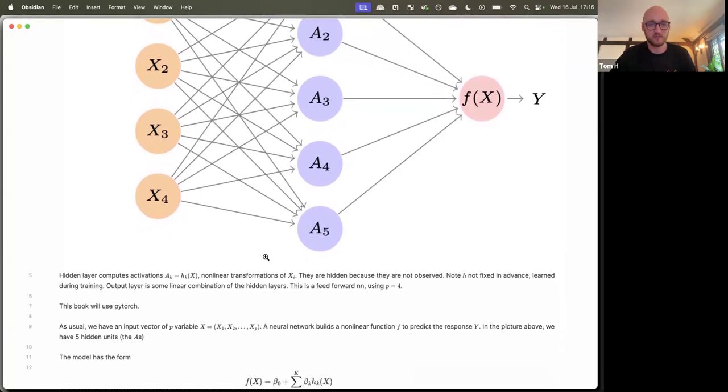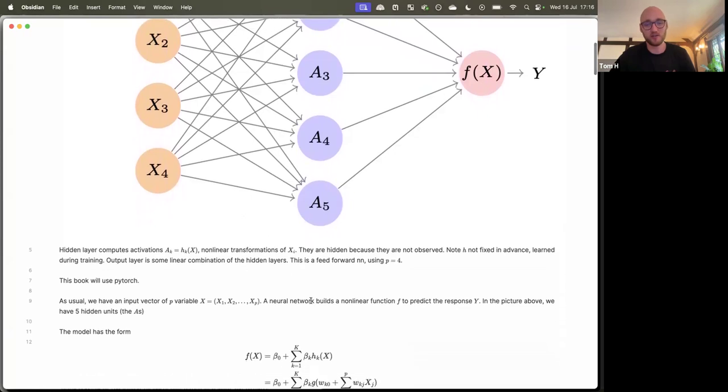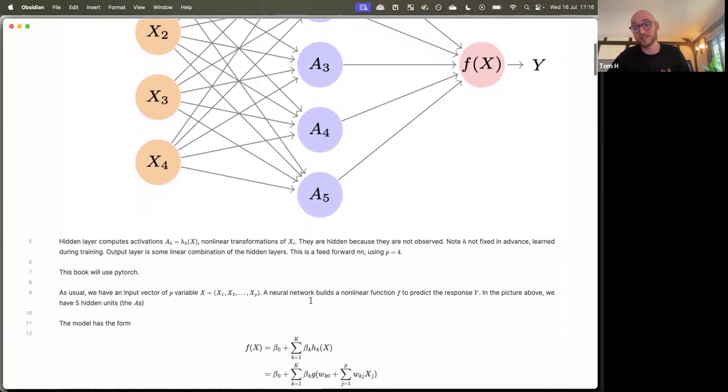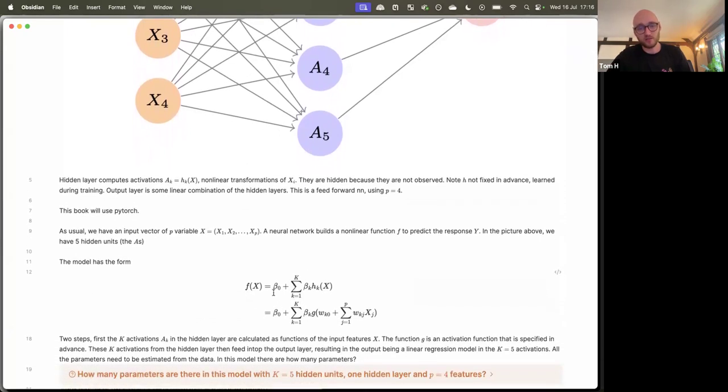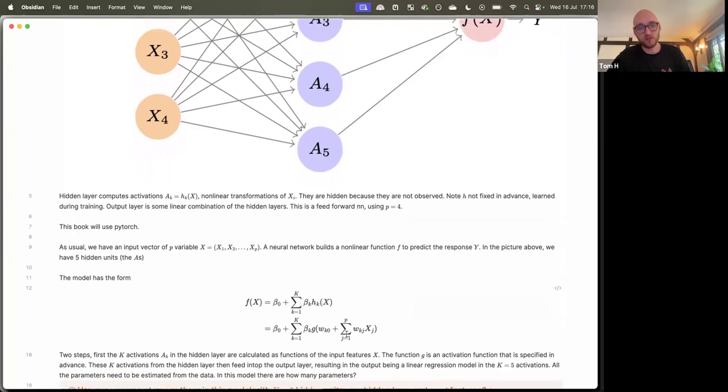The basic gist is that a neural network tries to build a nonlinear function f to predict this response Y. The model has this form, which you can work out here by running it through to get the form of the output, and you can see how it's a nonlinear function of the inputs.